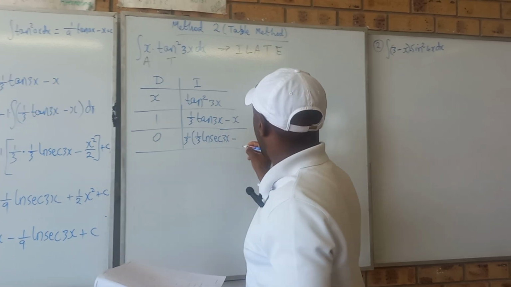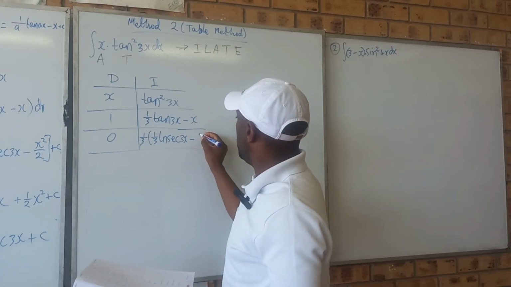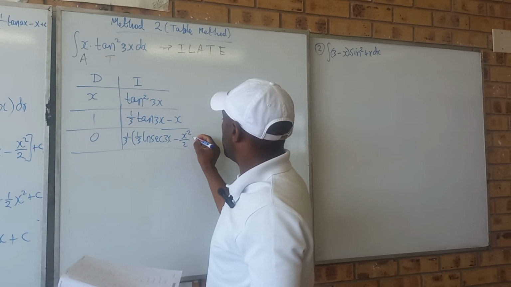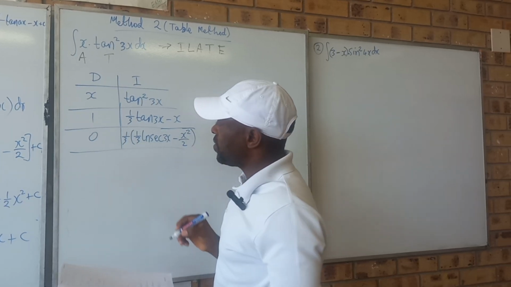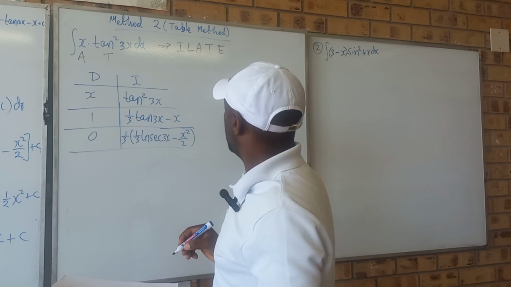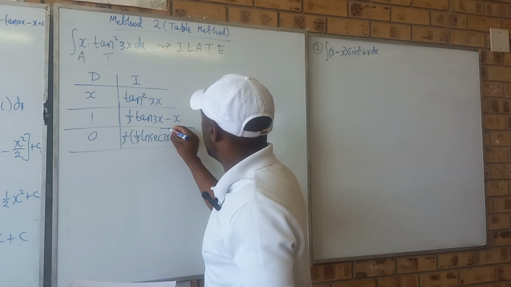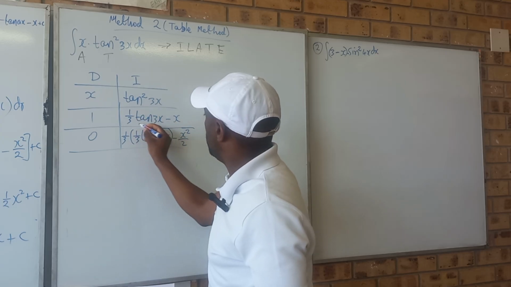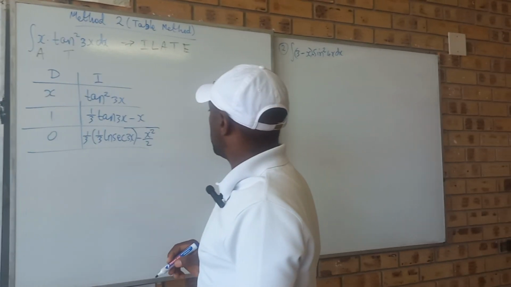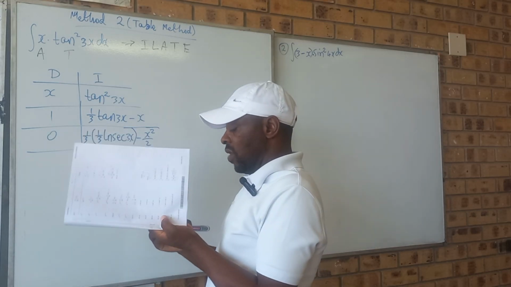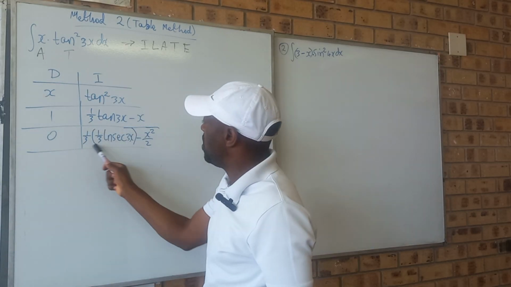Then minus the integral of x, which is simply x squared over 2. So this is our target. This 1 over 3 only affects the first term, because 1 over 3 is only multiplied to tan 3x.